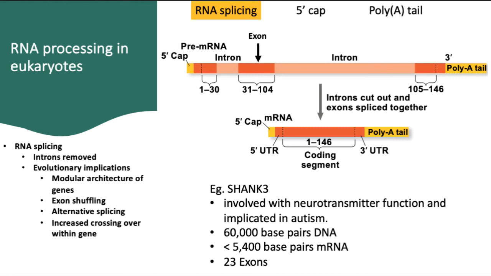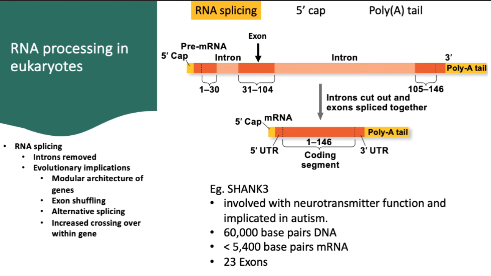Eukaryotic genes have sections which will be removed from the final mature mRNA transcript. These portions that are removed are called introns, and the portions that remain and are exported to the cytoplasm for translation are called exons. In most genes, the bulk of the gene is actually intron sequence.